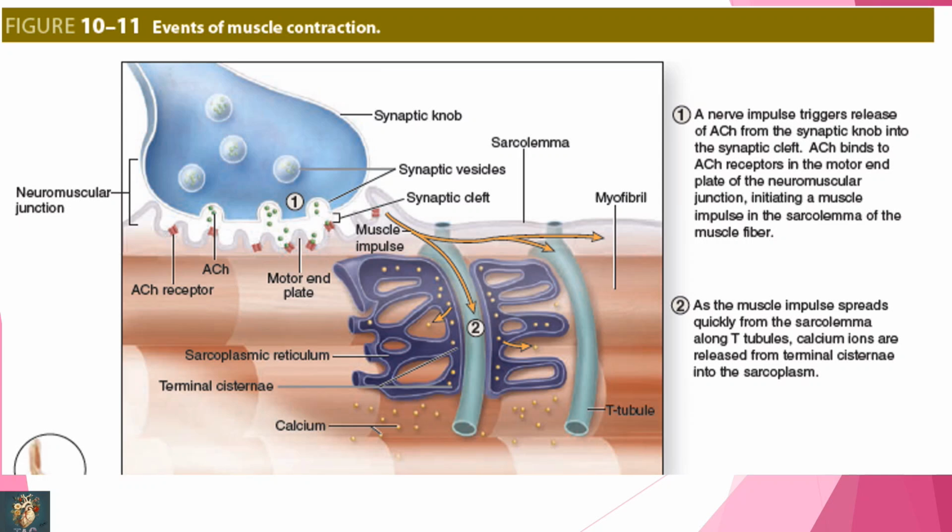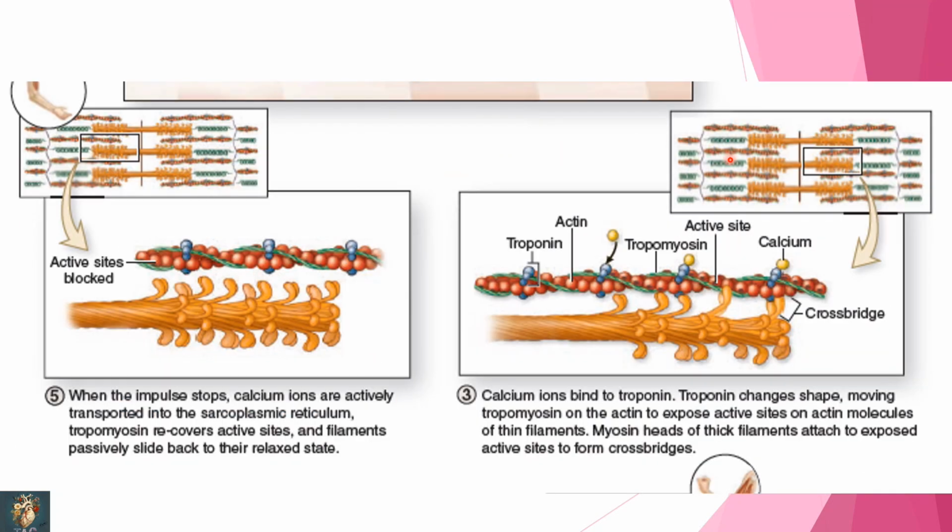The third step is that the calcium ion binds to the troponin. The troponin molecule has calcium ion binding sites, and the calcium ion binds to the troponin. Troponin changes its shape, and it changes the position of the tropomyosin on the actin.